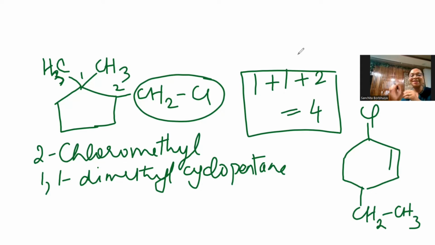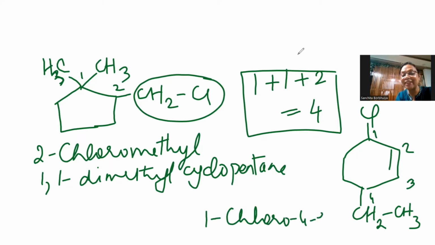Yes, I think you all know that, this is once again the alphabet rule. Probably that's the reason A, B, C, D, E, F was taught and it is still being applied till date. So this is 1-chloro, 4-ethyl, cyclohexane.